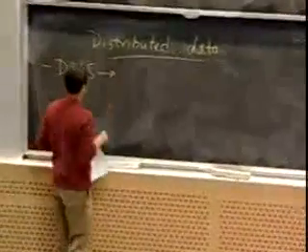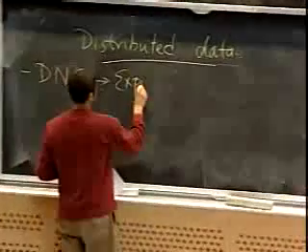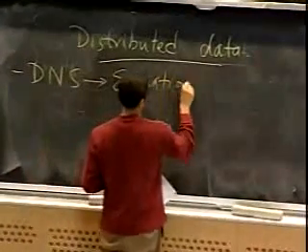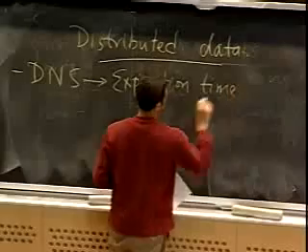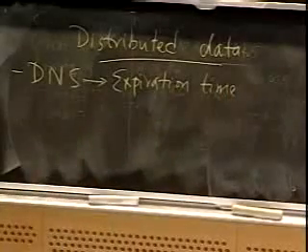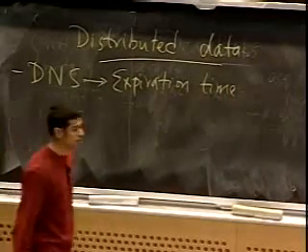And if you think about what DNS did, it actually used a mechanism of expiration times to keep this cache consistent.